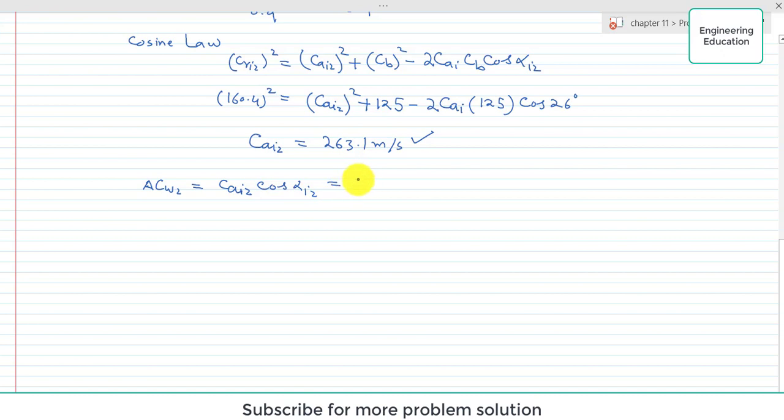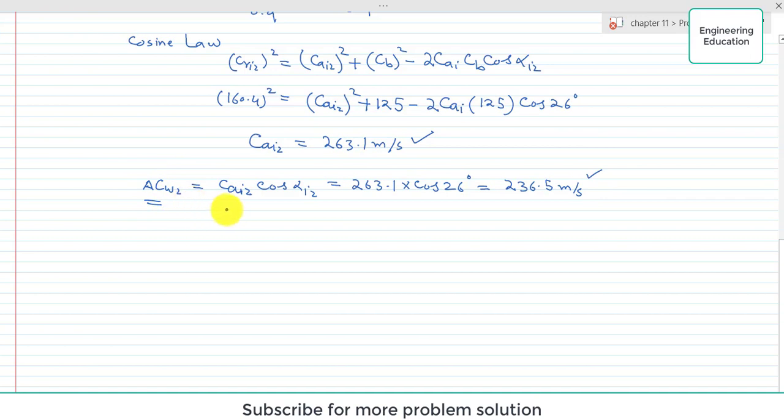So CAI2 is 263.1 meter per second and alpha I2 is 26 degree. Simplifying this, we get the value which is 236.5 meter per second. So this is the value of delta CW2.